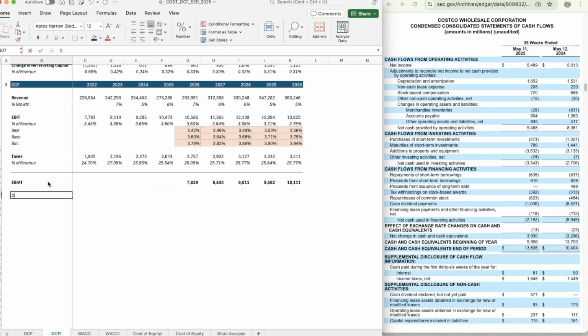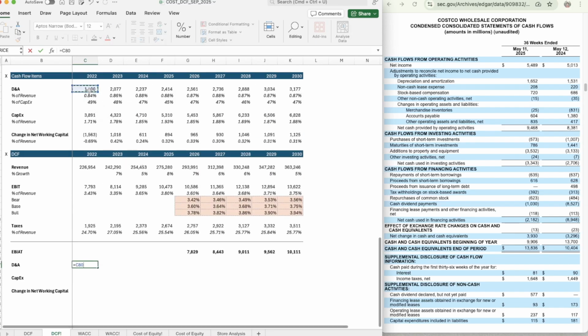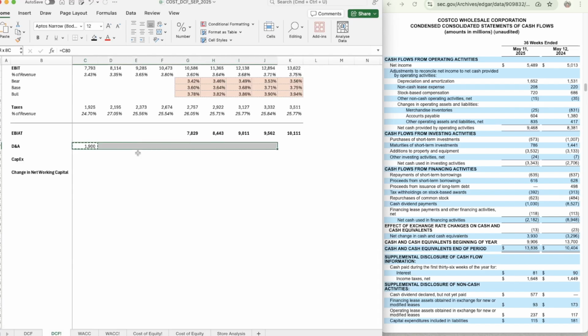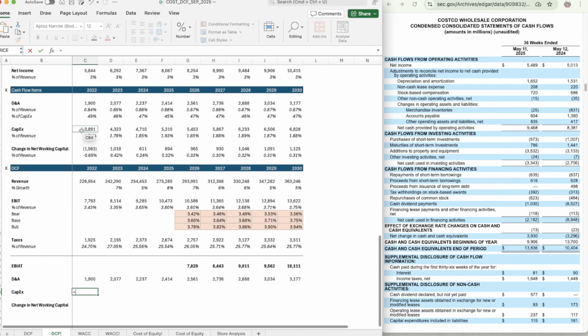Then we have DNA here, CapEx, and we keep them the same from what we've done in the cash flow items.